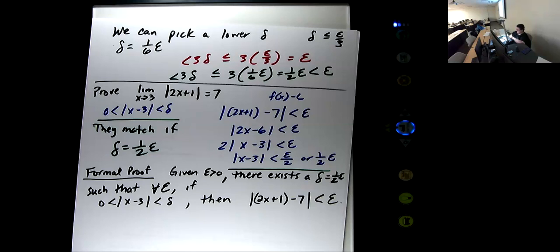We have this blanket statement here, and that's what we prove in our proof.